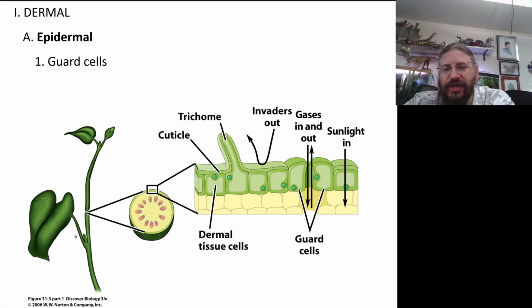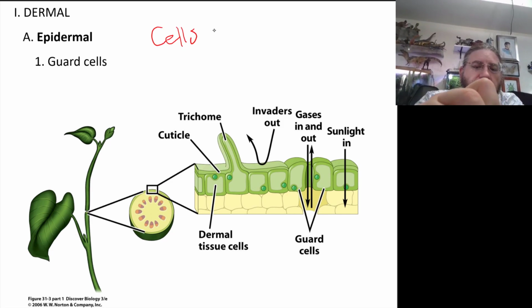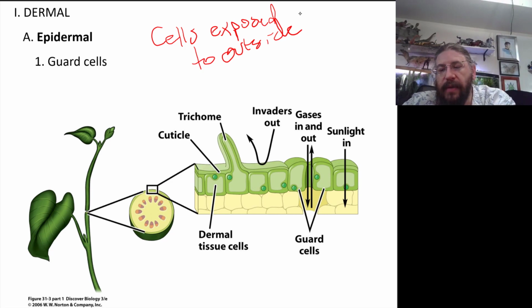So the epidermal tissue is the cells that cover the outermost layer of the plant, the cells exposed to the outside. Right? So, the epidermal cells cover the outside of the plant.